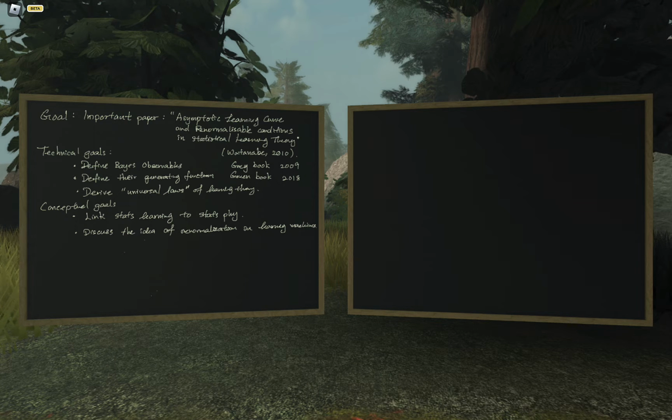I will front load the following analogy. I'm going to mention this just so that we have it at the back of our mind throughout the presentation, which is the central limit theorem.